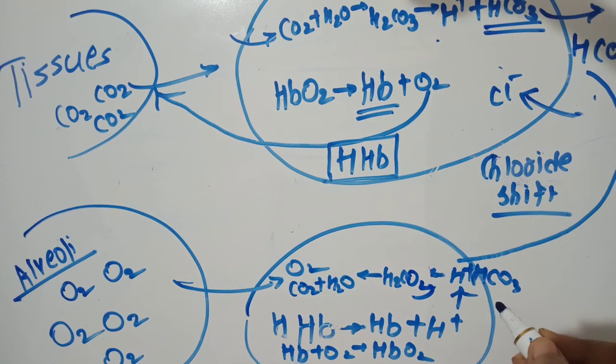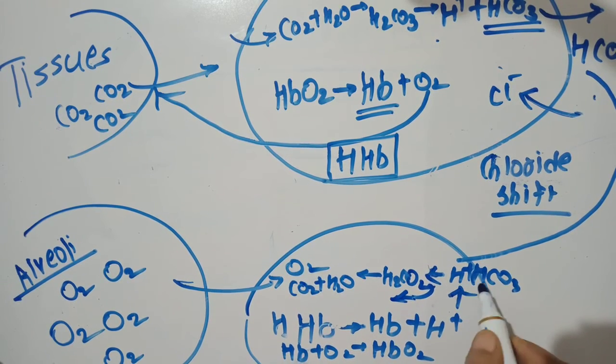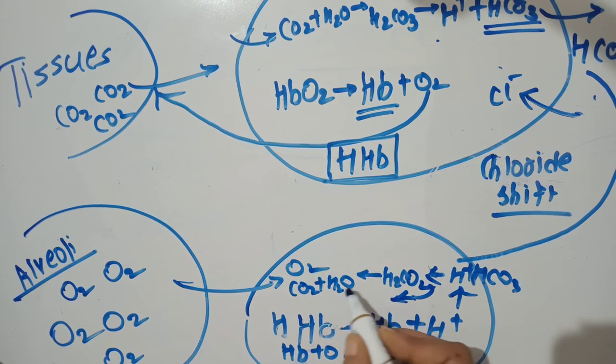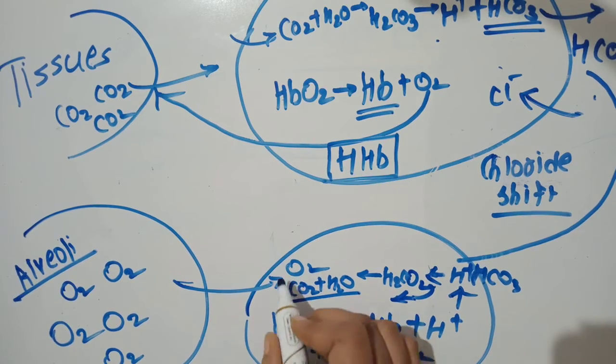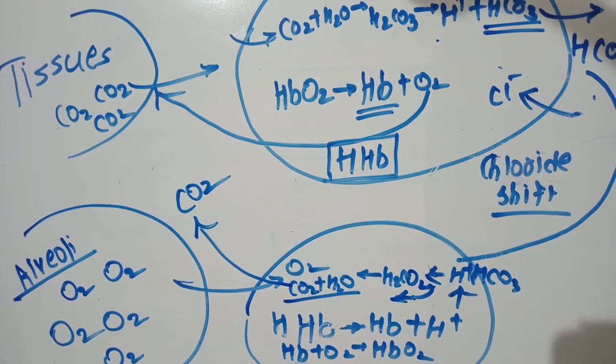As the H plus concentration is increasing, the equilibrium will be shifted to the left side. More and more H2CO3 will be produced because of the high concentration of hydrogen. As a result, the H2CO3 will break down into carbon dioxide and water, and this carbon dioxide will get exhaled out. So this process happens in the transport of carbon dioxide.